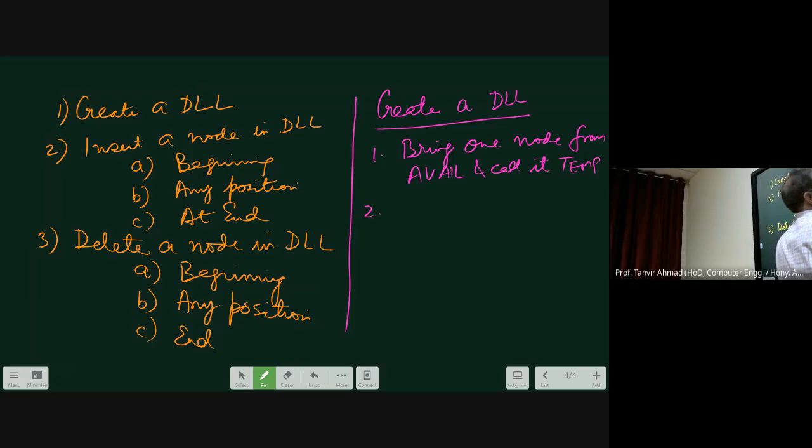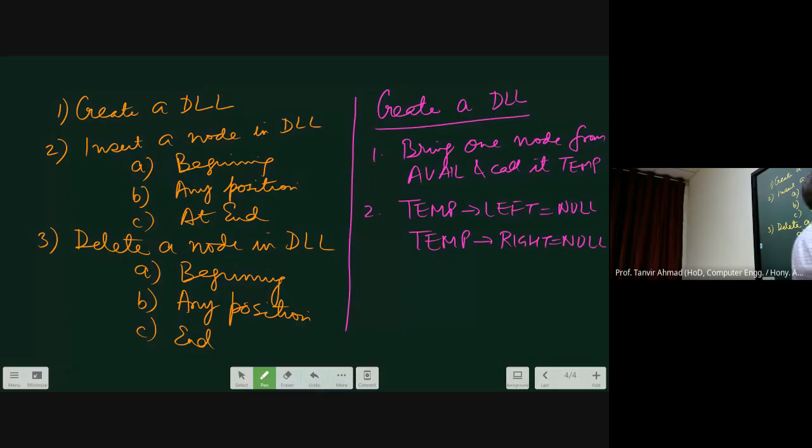In the second part, you say temp of left is equal to null, temp of right is equal to null, and you put some data in temp of data.